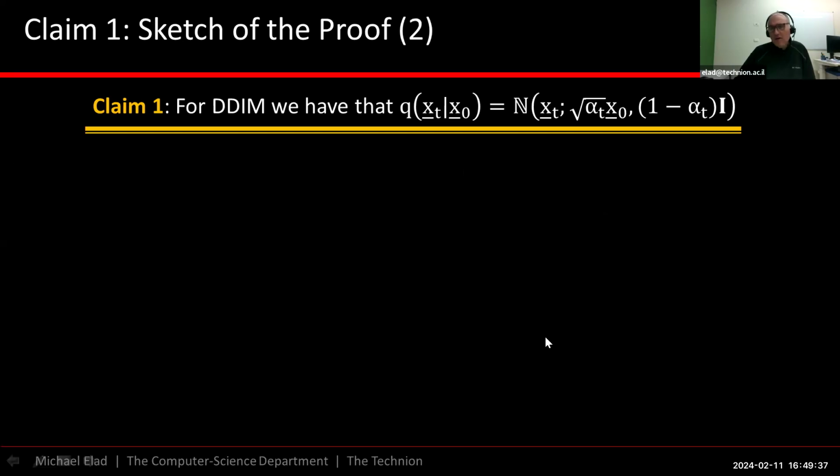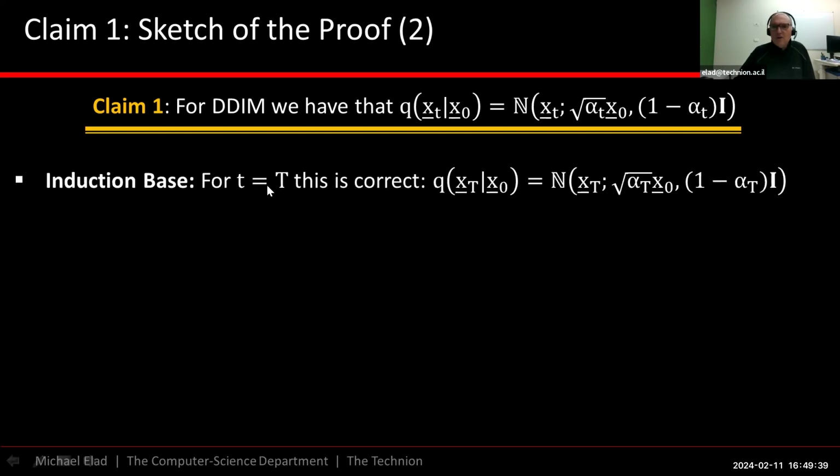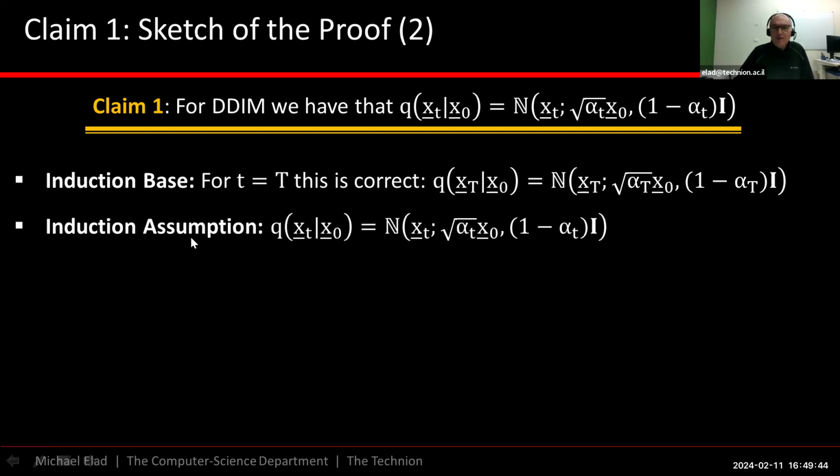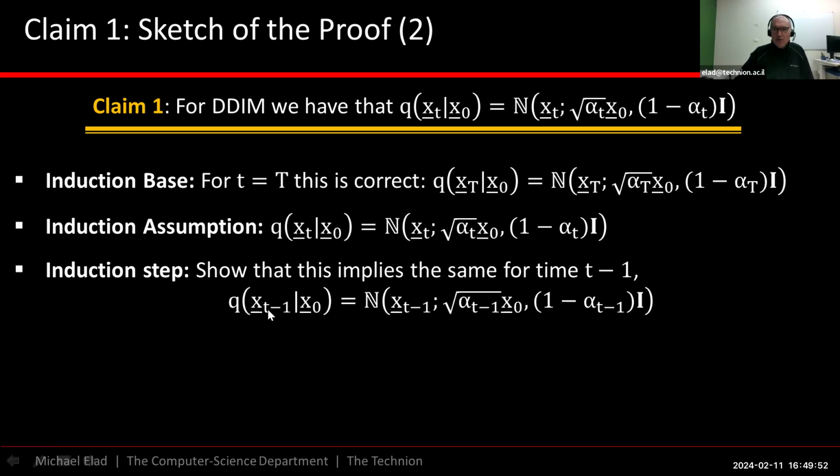And so you can guess what I'm about to do. You know this for capital T. You assume it as the induction assumption for any time T, and you want to prove that it applies to T minus 1 just as well. So let's now prove that for T minus 1, this is also correct. How do you do it? Here is the idea.